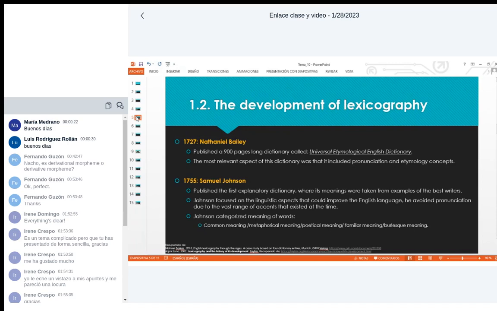What he did was a great action, because if these are the best writers and they are using English as a means of communication, why not take these examples and make people realize what these words mean according to these great authors, because those authors really use language as their own tool to make their speech or their writings really worthwhile.